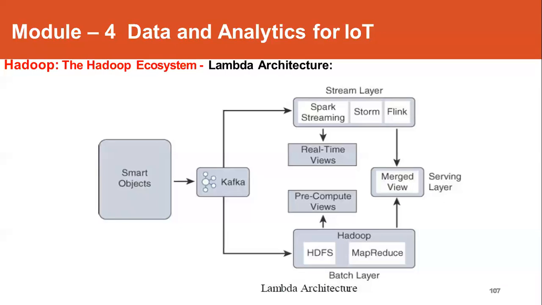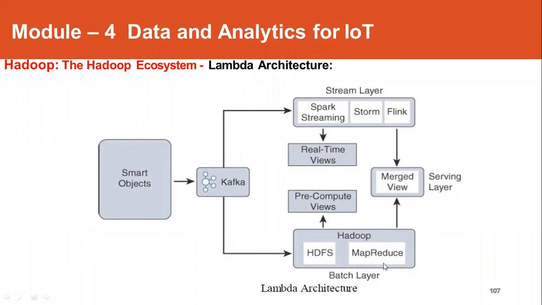The stream layer is responsible for real-time processing of events. Here Hadoop technologies like Spark Streaming, Storm, and Flink are used to ingest, process, and analyze the data. Whereas the batch layer contains a batch processing engine to store the data. Here HDFS and MapReduce are used in batch layer processing.